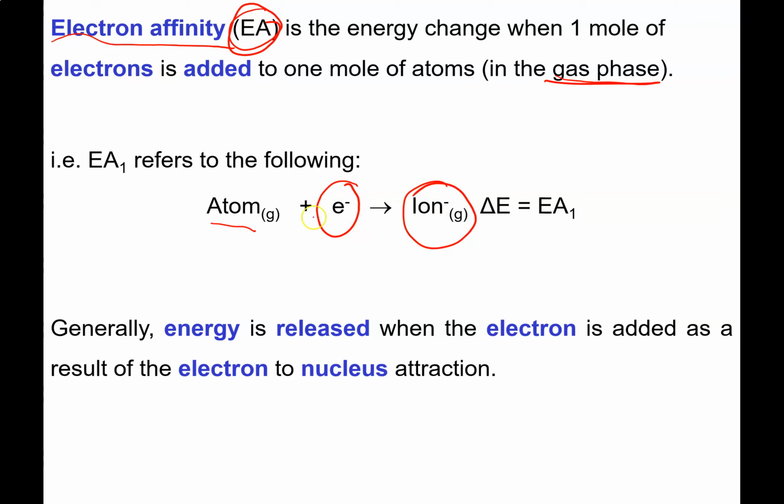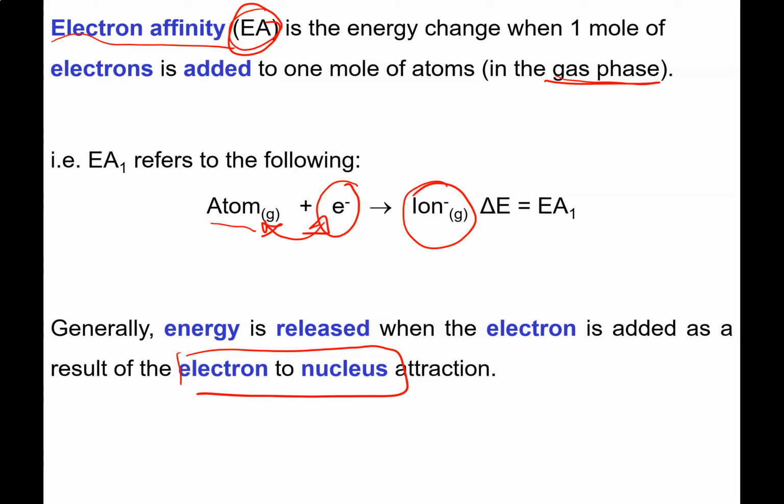Because we're forming a bond between the electron and the atom, energy is released. Energy is released when bonds are formed, and energy is taken in when bonds are broken. So generally, energy is released when you add an electron to an atom. Why does the electron stick? It's due to the attraction of the electron to the nucleus.